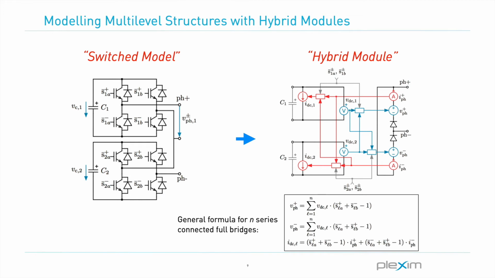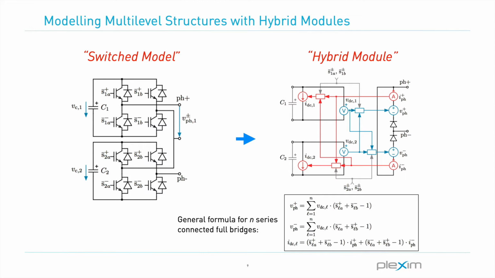Now, the first problem of the number of switching devices can be overcome by so-called hybrid modules instead of a fully switched converter model. This can be seen here on the left, where we have series connected full bridges.